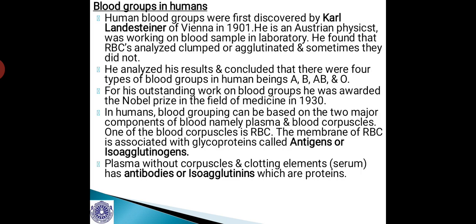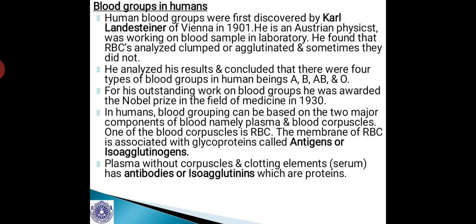For his outstanding work on blood groups, he was awarded the Nobel Prize in the field of medicine in 1930. In humans, blood grouping is based on the 2 major components of the blood, namely the plasma and blood corpuscles. One of the blood corpuscles involved here is RBCs. The membrane of RBCs is associated with glycoproteins called antigens or isoagglutinogens, which are mainly responsible for the determination of the blood group.